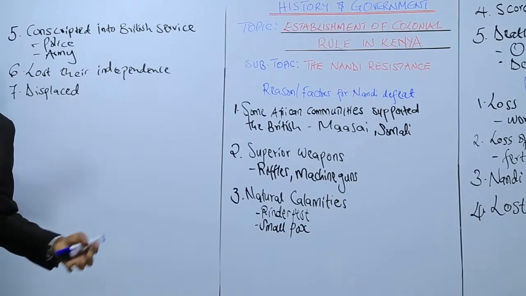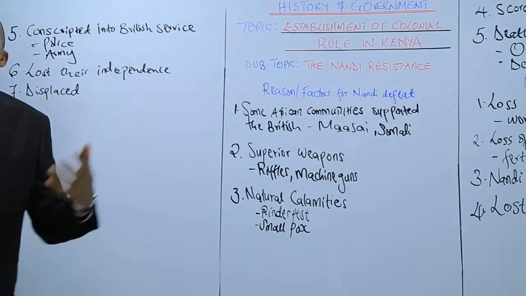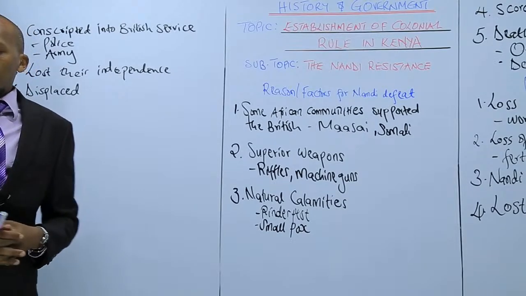As the British advanced and took over their land, the Nandi people were displaced into other areas. Some of them had to move away from their homes. So those are some of the results or consequences of the Nandi resistance against the British.